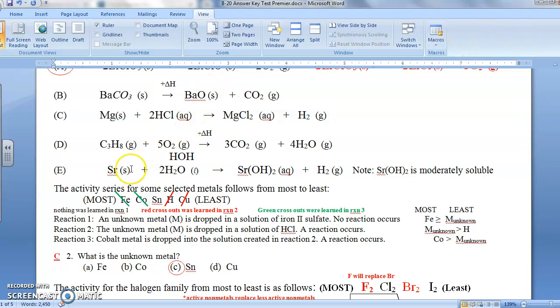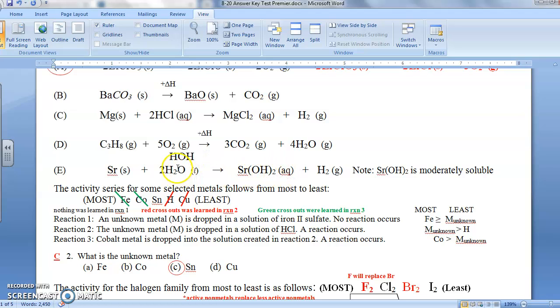And this strontium right here is displacing hydrogen off HOH, causing the formation of H2 gas. The OHs stay behind. There's the other OH. So strontium is replacing hydrogen on a water molecule, single displacement or replacement reaction.